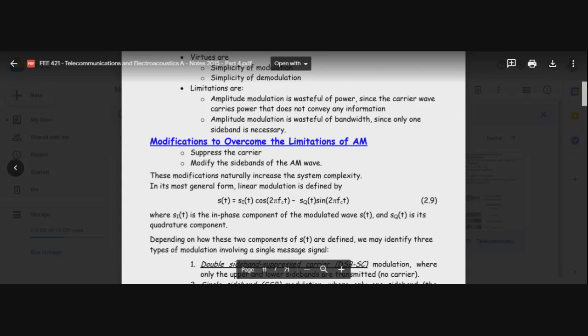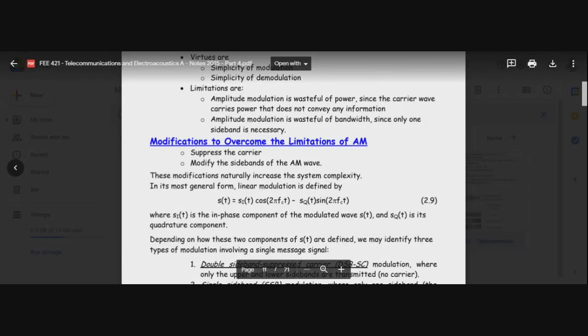Depending on how you arrange things, we're not going to pursue this to a large extent. I'm just pointing out that's a way of representing the amplitude modulated signal, where S_I is the in-phase component and S_Q is the so-called quadrature component.